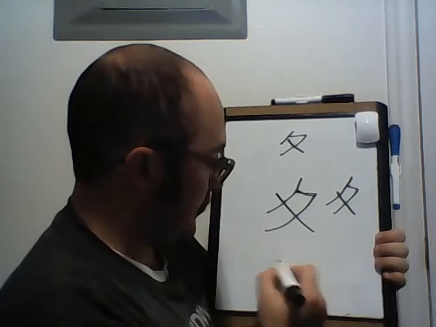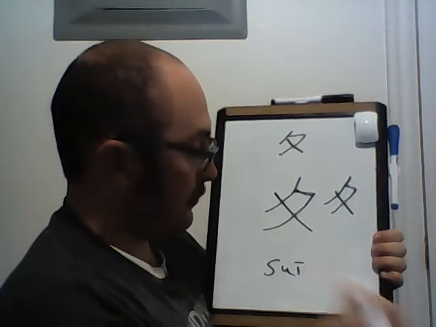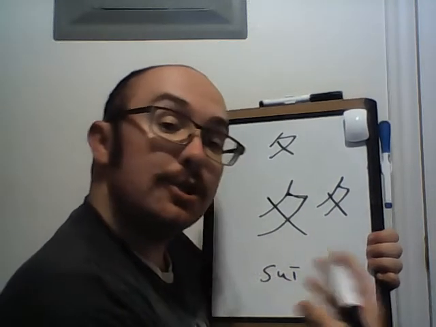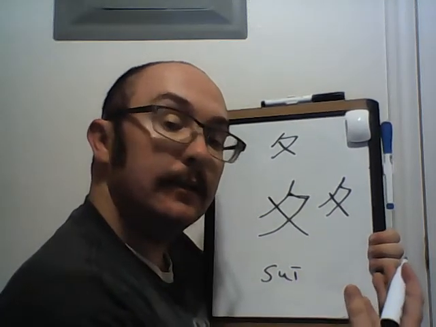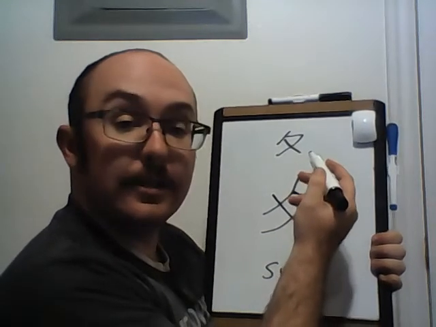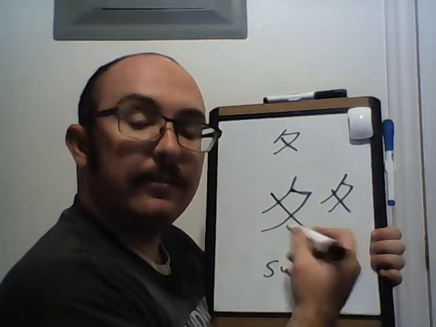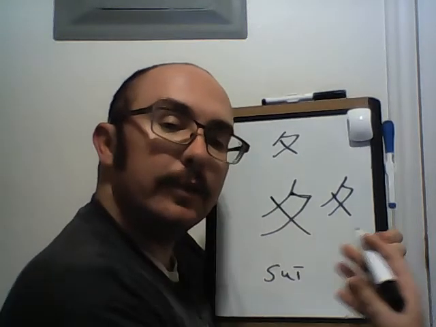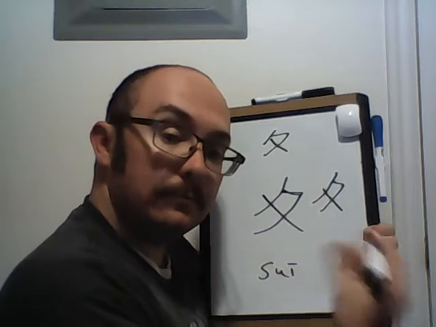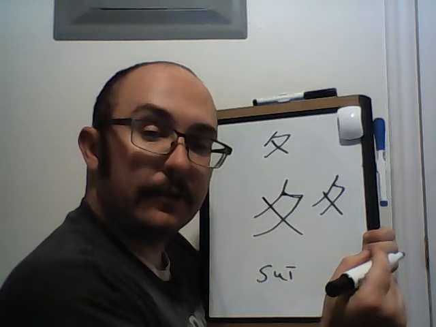And this is sui, and this means to go slowly. It looks like zhi because it has a similar meaning to zhi, but it's different. Going slowly or following is the meaning it gives to a character.